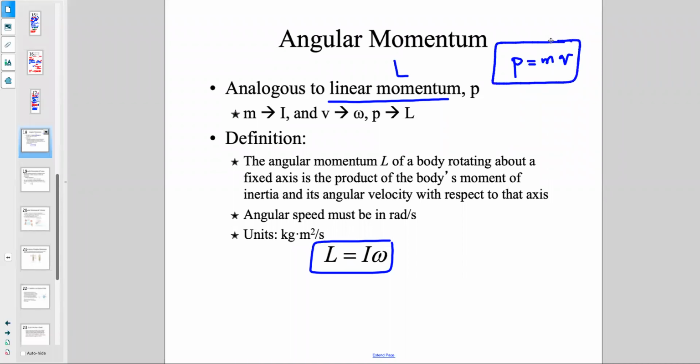So you have P equals mv and L equals I omega. In a rotating object, instead of m, I have moment of inertia, which is not only related to mass, but also to how these little objects are configured. And instead of a linear velocity, I have angular velocity because the object is rotating.